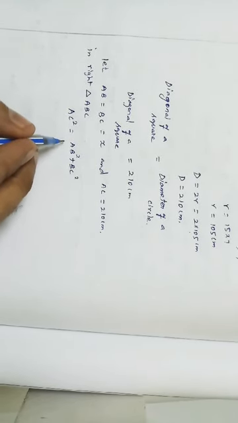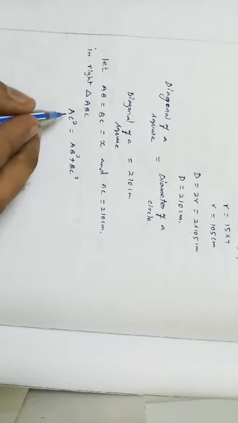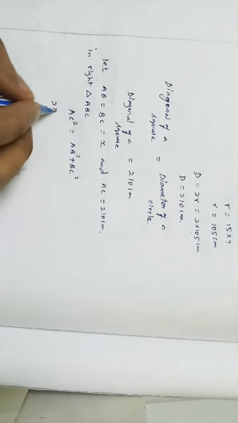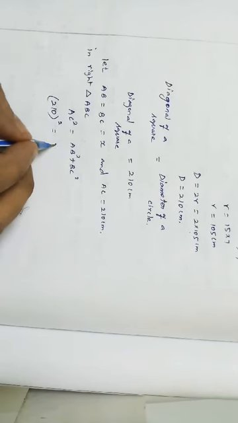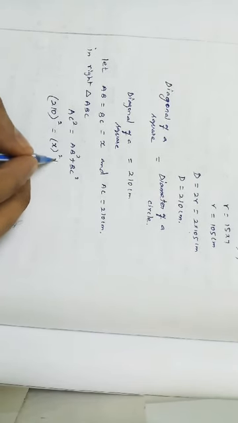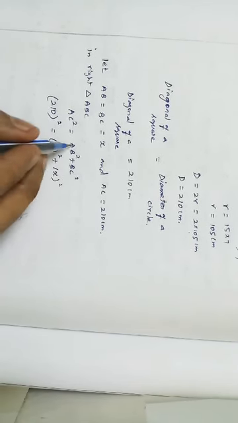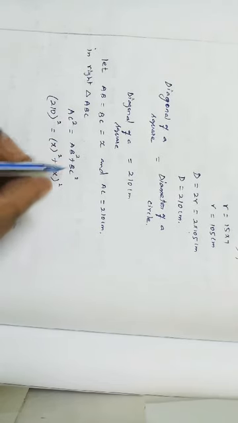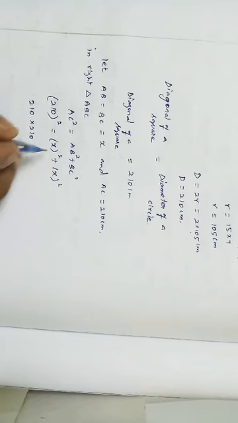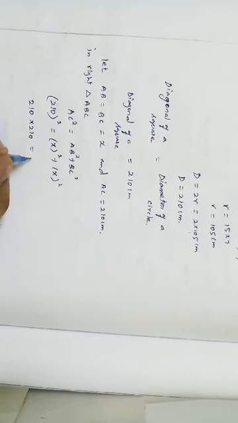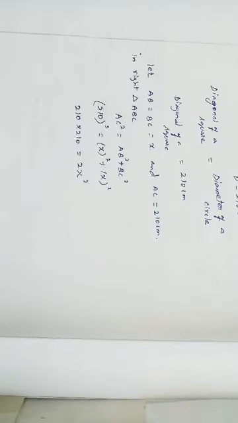Hypotenuse square is equal to adjacent square plus opposite square. AC is 210, so 210 square is equal to X square plus X square. So 210 into 210 is equal to 2x square.